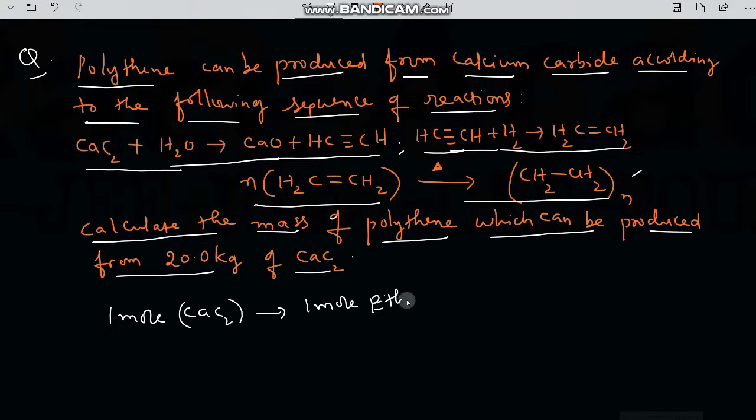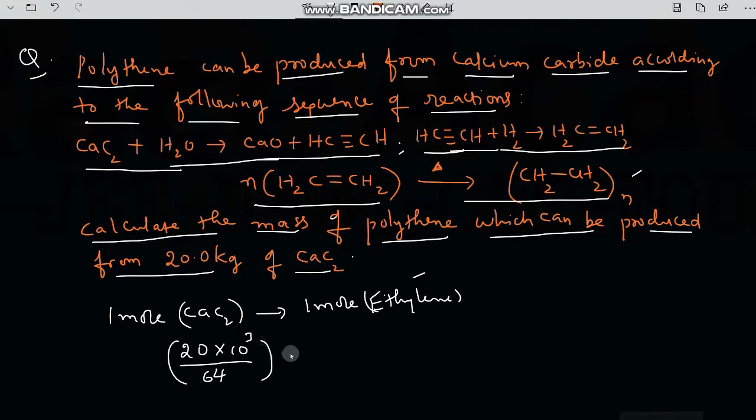So it indicates we need to just find the number of moles of this calcium carbide, that is 20 kilograms, which is 20 into 10 cube divided by its molar mass 64.